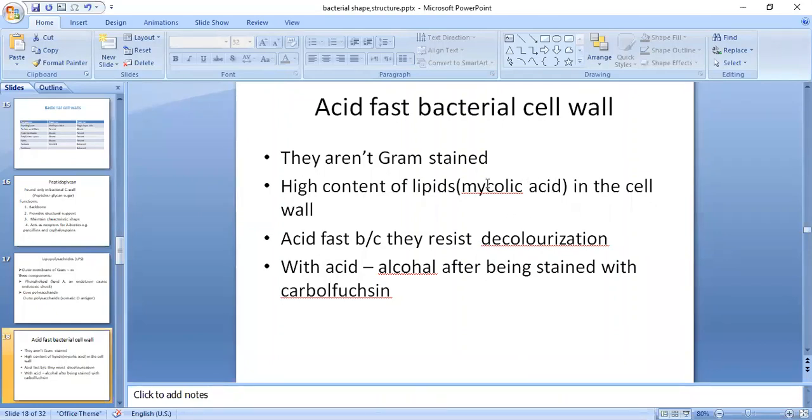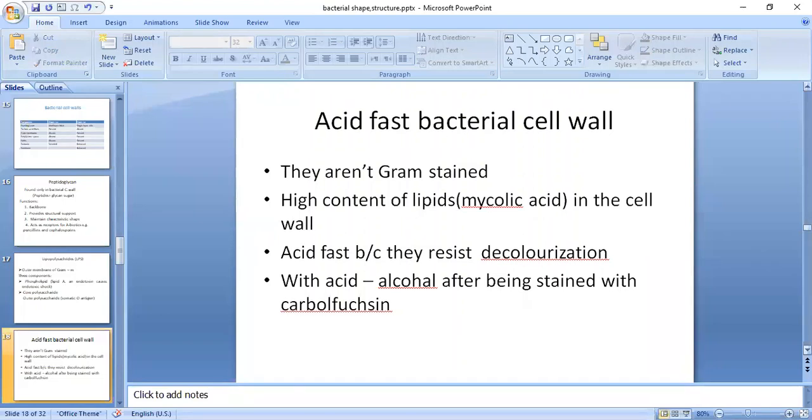So mycolic acid is present in the cell wall of those bacteria which are known as the acid fast bacteria, which have a high content of lipid and contain the mycolic acid. The best example of acid fast bacilli is Mycobacterium tuberculosis.